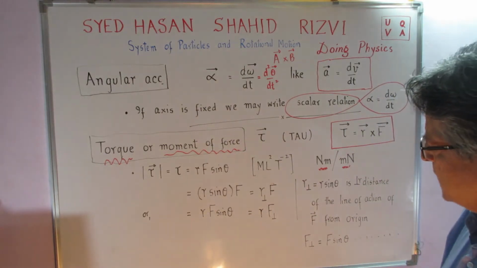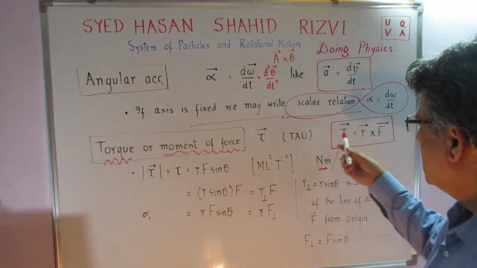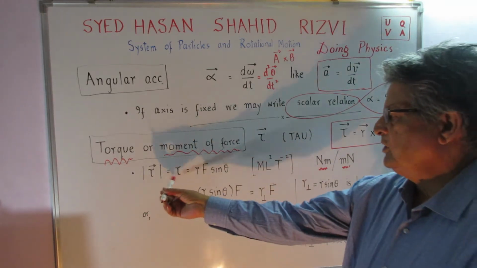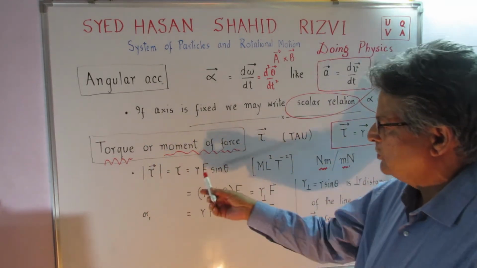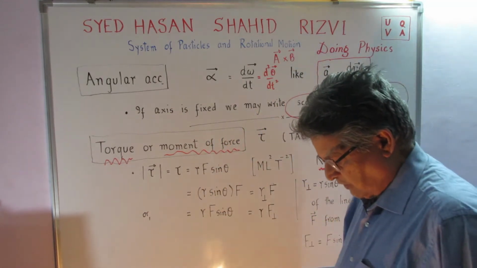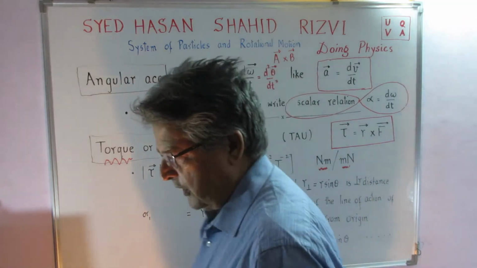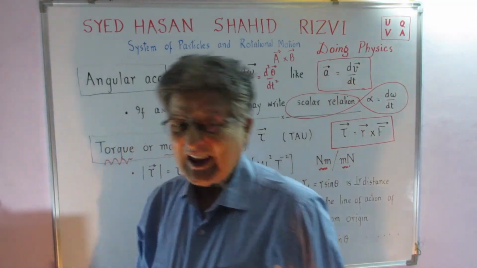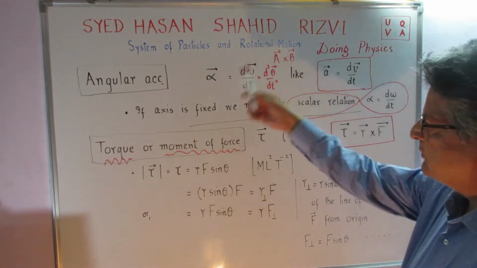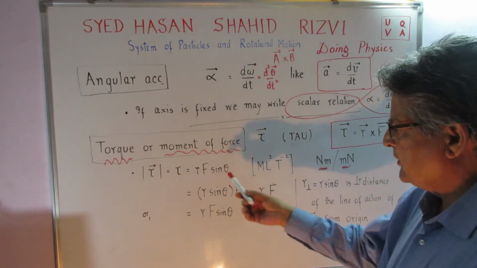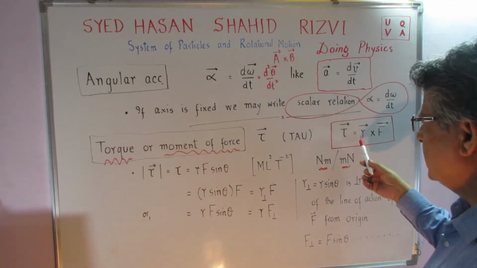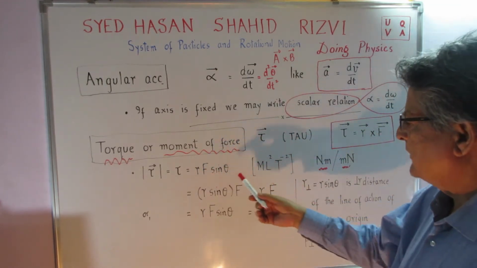So if you allow me to write this tau, the torque, as r cross F, then I can write the magnitude of this torque as tau is equal to r F sine theta, because the magnitude of A cross B is equal to AB sine theta, where theta is the angle that the second vector makes with the first vector. The second vector over here is F, and F makes an angle of theta, so I can write this as r F sine theta.